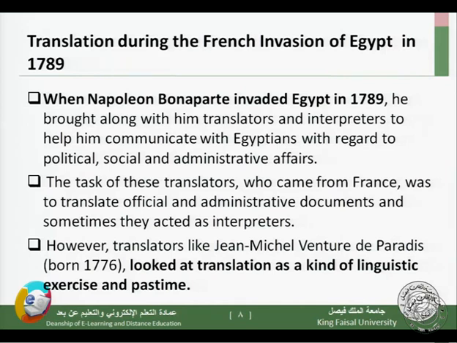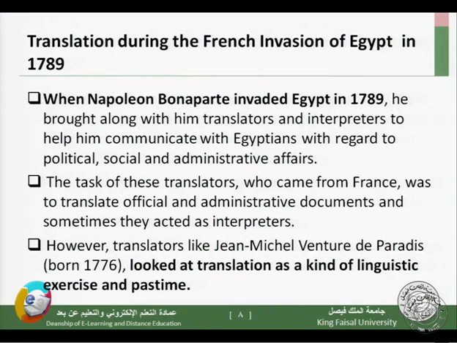But what happens is that some translators were really interested in doing another type of translation. Like we have this translator, Jean-Michel Venture de Paradis, who was born in 1776.